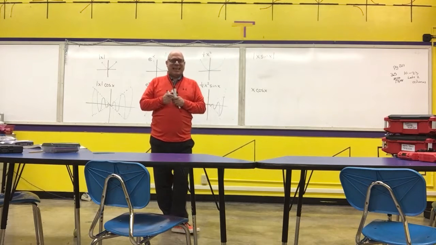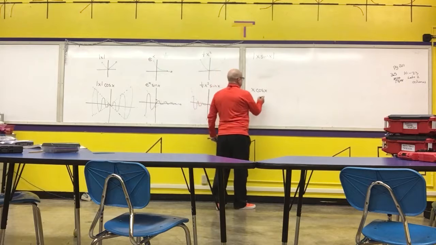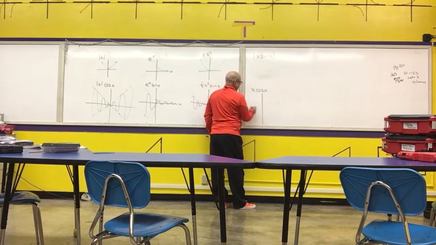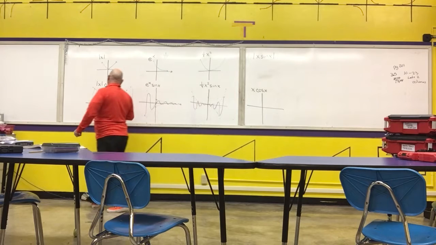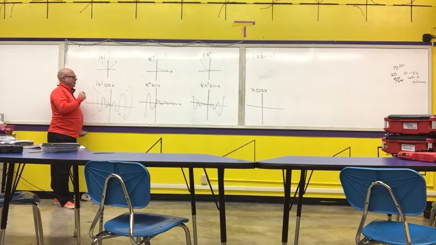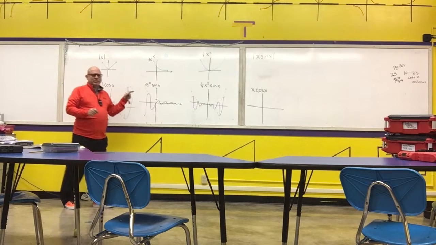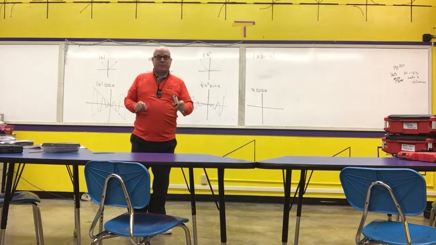Next one's going to be x cosine x. The thing that's different about this one and the absolute value function, with the absolute value function in front of it, it's always going to have that 1 for the amplitude.